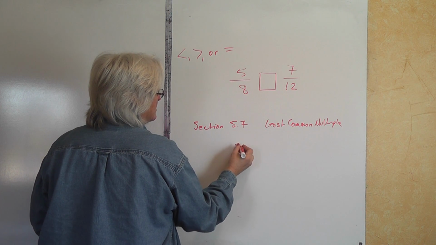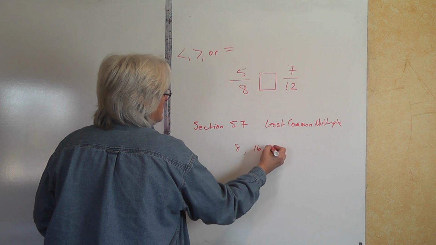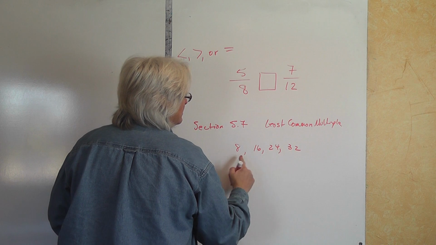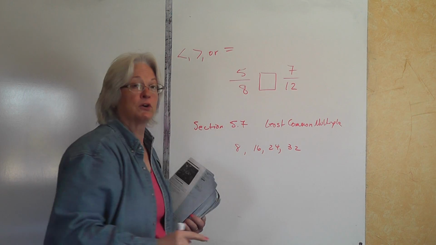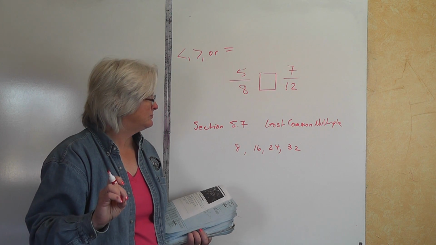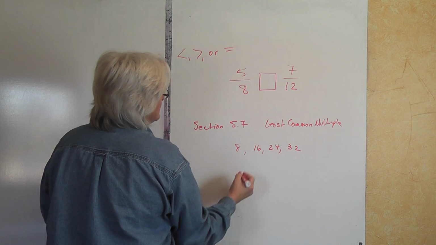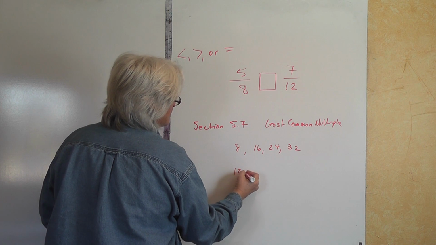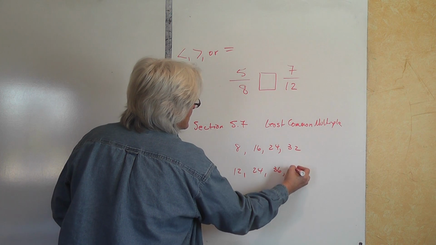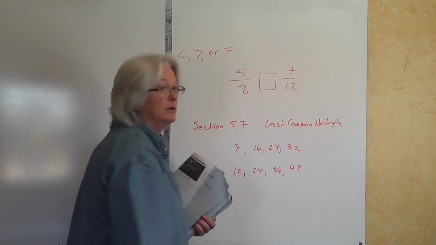8 times 1 is 8, 8 times 2 is 16, 8 times 3 is 24, 8 times 4 is 32. These are the first 4 multiples of 8. Now let's do some multiples of 12. 12 times 1 is 12, 12 times 2 is 24, 12 times 3 is 36, 12 times 4 is 48.